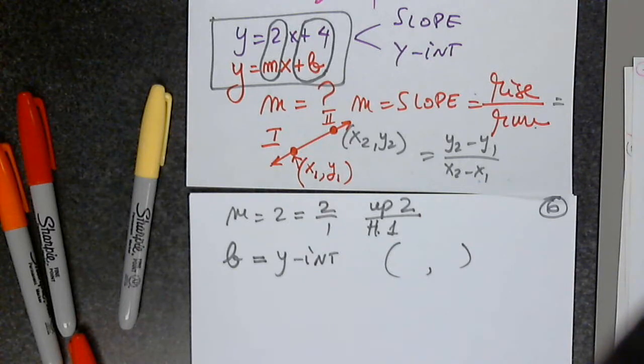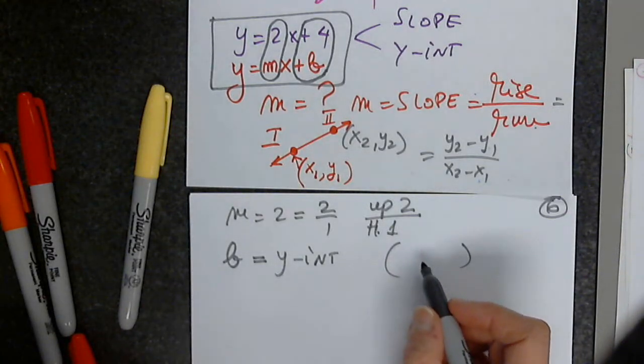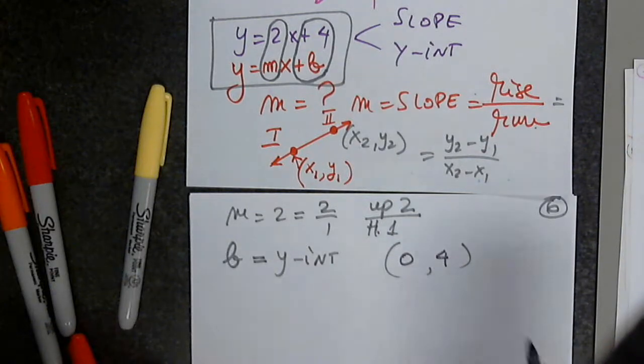Right, because I know that the equation of the y-axis is x equals 0. Awesome. So then what is the y-intercept? 4. As an ordered pair, always. 0, 4. Very good.